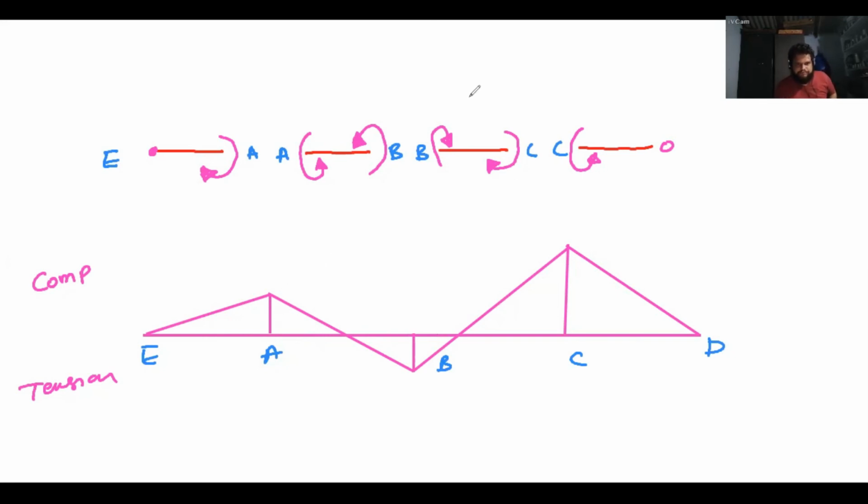Next, in the span BC, we have a UDL and that UDL value is 2.53. So this is 2.75, which should be less than this. Okay, so this is a parabola.